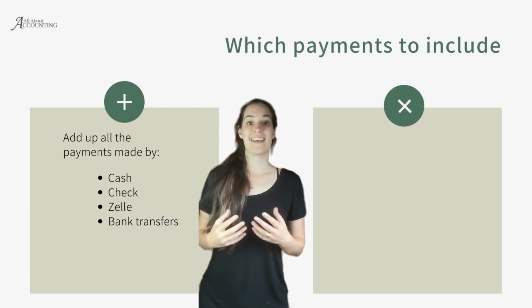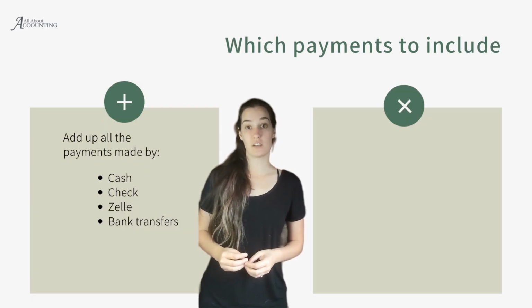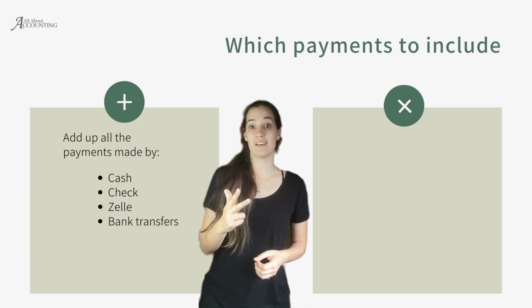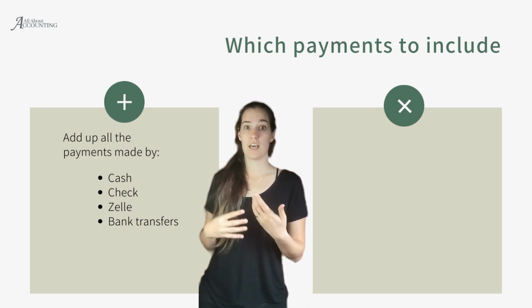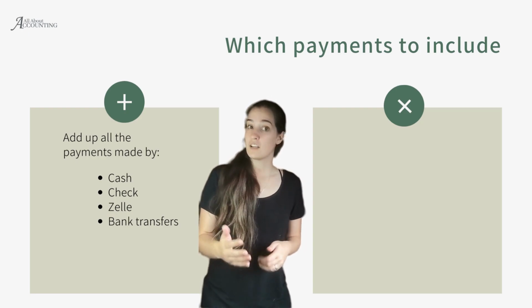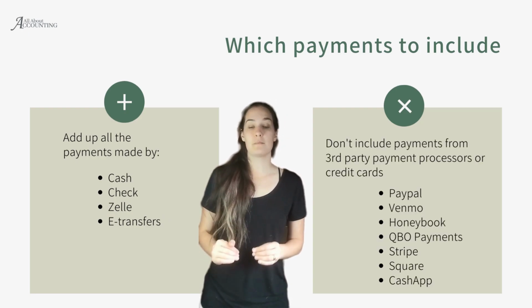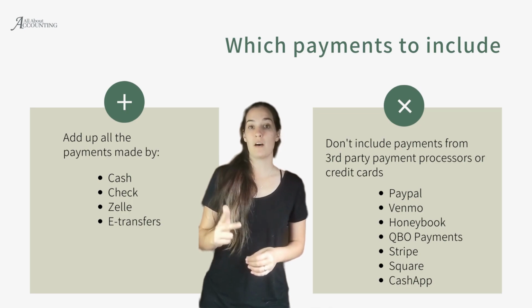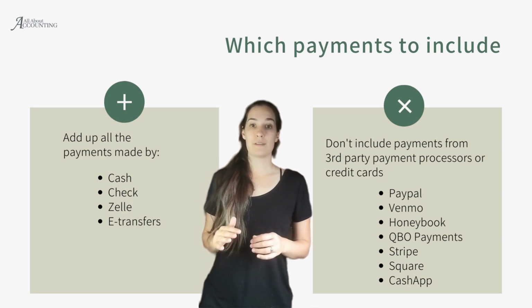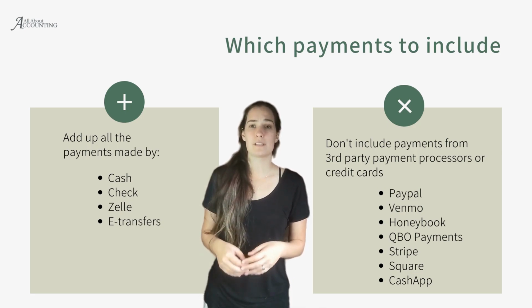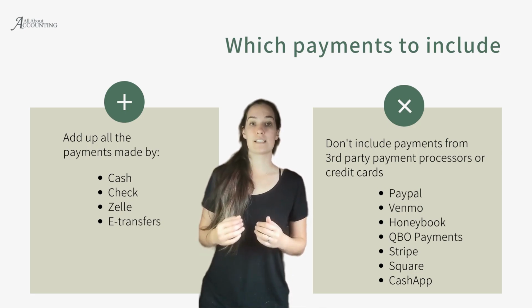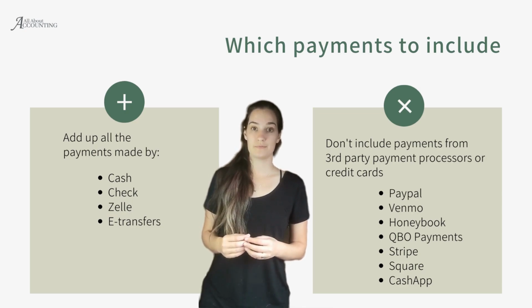We don't need it. If yes, did you pay them over $600 via cash, check, Zelle, direct bank transfer, or bill pay where you logged into your online banking and then initiated the payment from there? Do not count any payments made via Venmo, Cash App, PayPal, or any other third-party payment system like Stripe, Square, Honeybook, QBO payments, etc. towards the $600 threshold.